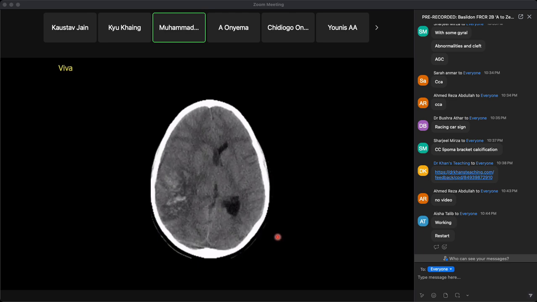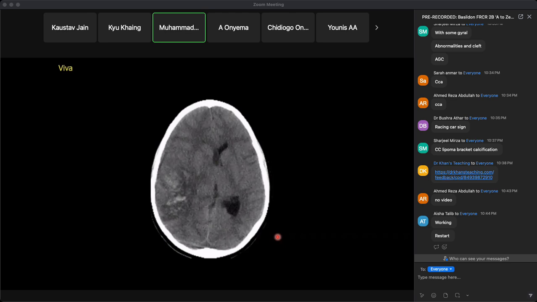So these are in keeping with intraparenchymal hematomas or hemorrhage with edema around it and signs of pressure effect on the ventricular system with midline shift.